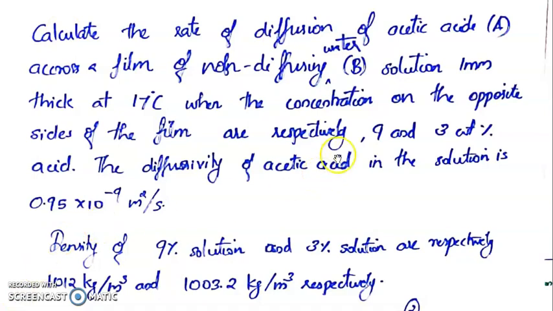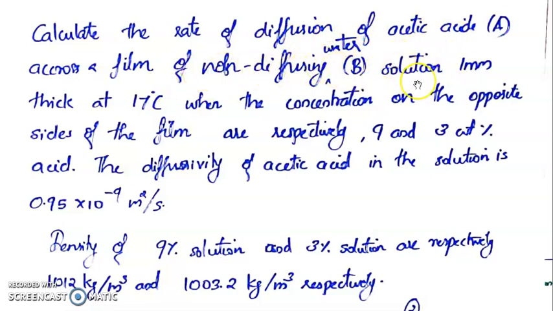Okay, the first thing to identify is whether the diffusion is taking place in liquid phase or in gaseous phase. So here you can see diffusion of acetic acid across a film of non-diffusing water solution.